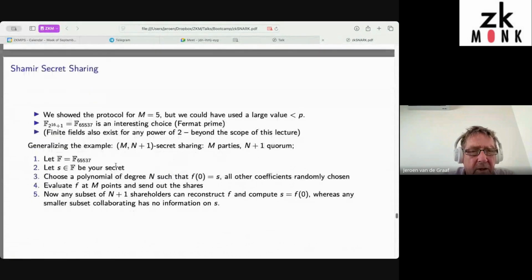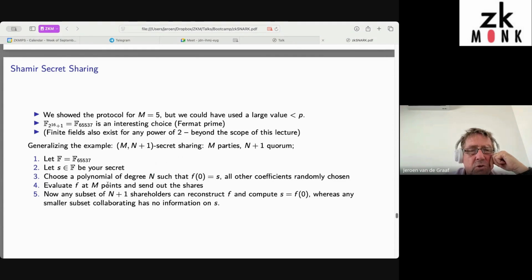But here I do it for general things, so you can take this as your finite field. S can be your secret. So if you have an n plus 1 quorum, then you choose a polynomial of degree n such that n plus 1 parties can reconstruct the secret, right?